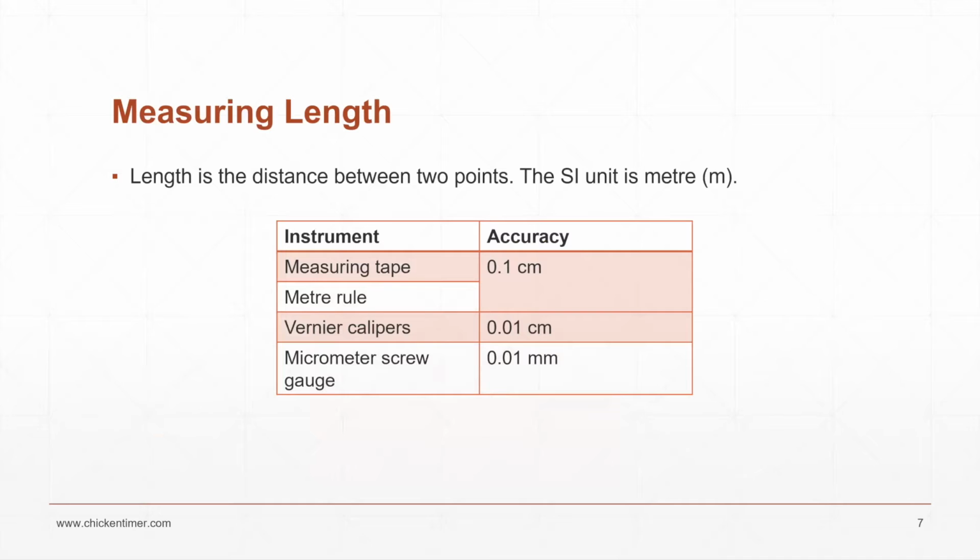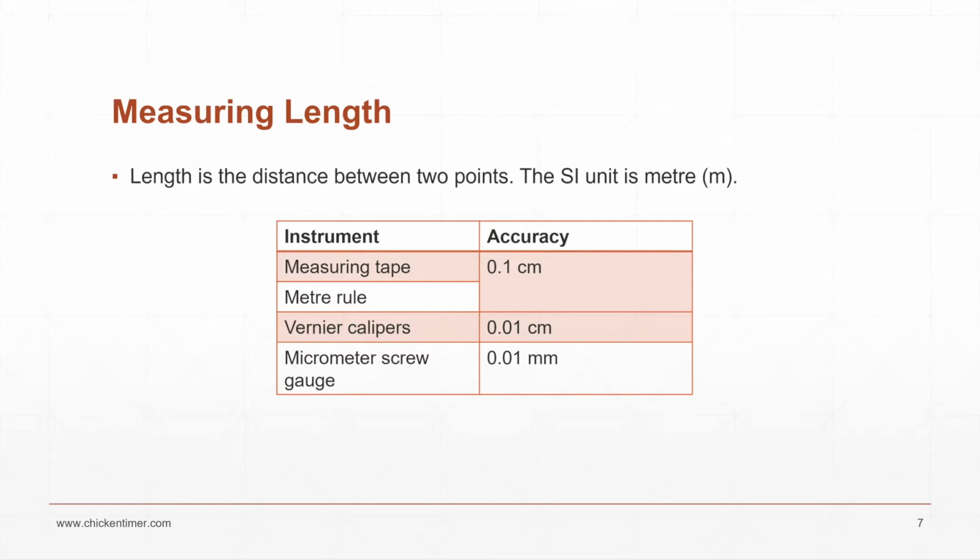So then you have measuring dimensions, measuring physical quantities. So length is the distance between 2 points. So the SI unit will be meters. They will ask you to choose which instruments to use to measure a certain length. So for big items you usually use a measuring cylinder and meter rule. The accuracy is up to 0.1 centimeters, so your answer is in 1 decimal place.